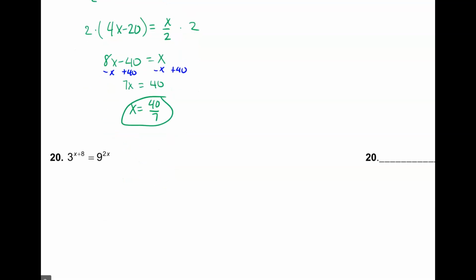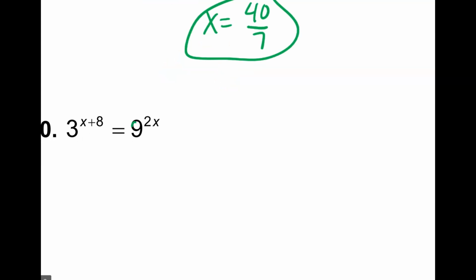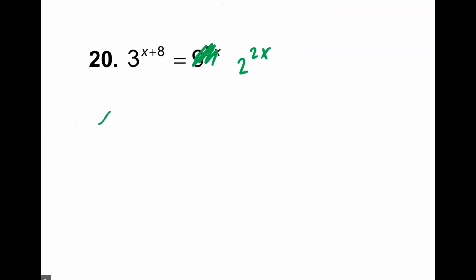So for instance, if this was not base 3, let's say this was like base 2. If this is like 2 to the 2x, you take ln of both sides, right? The way we did these. Right, ln of 2 to the 2x.